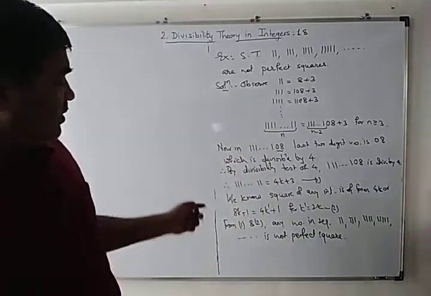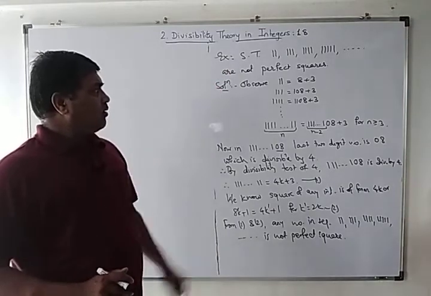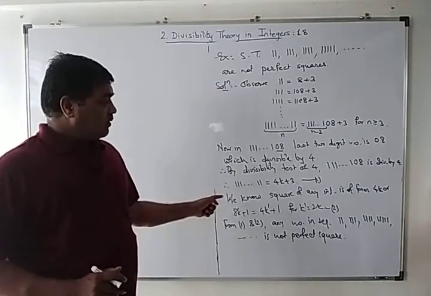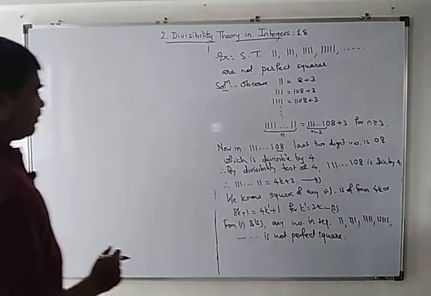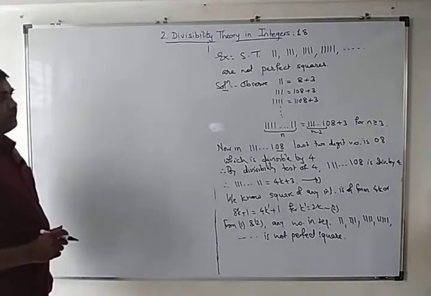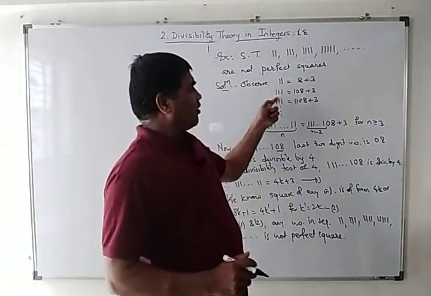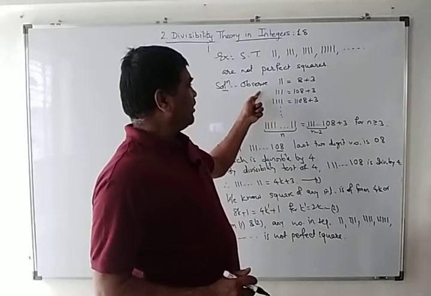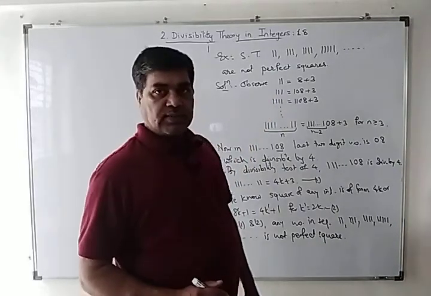Hence any number of this form is not a perfect square. Here actually we are applying the division algorithm.